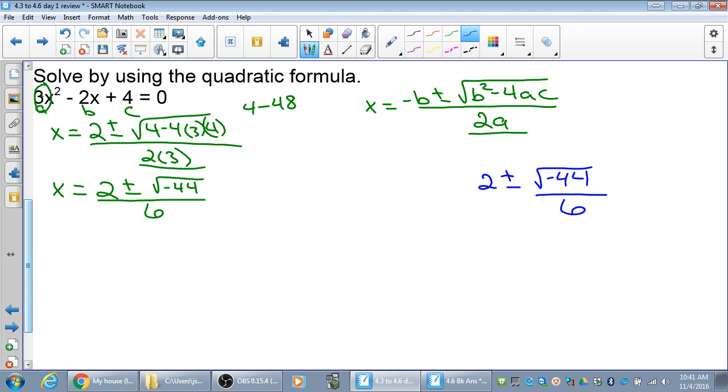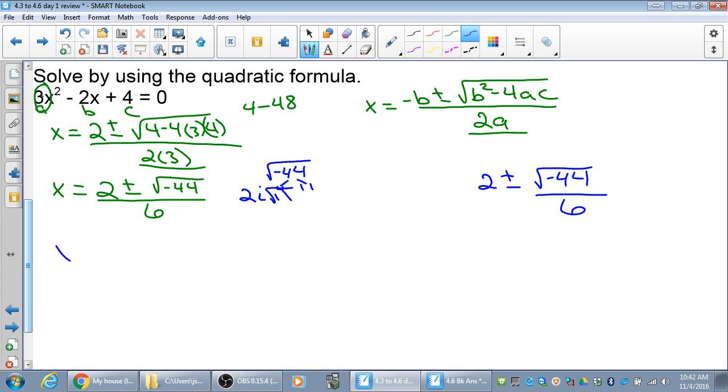The 6 is underneath all of it, not just the radical. All of it. I want to see the left side, not the right side. All right, anyway, let's look at the square root of negative 44. First of all, that's i. And we have 4 and 11 in there. So the i takes care of the negative. Square root of 4 is 2, but the 11 stays underneath. Square root of 11 would be a decimal.